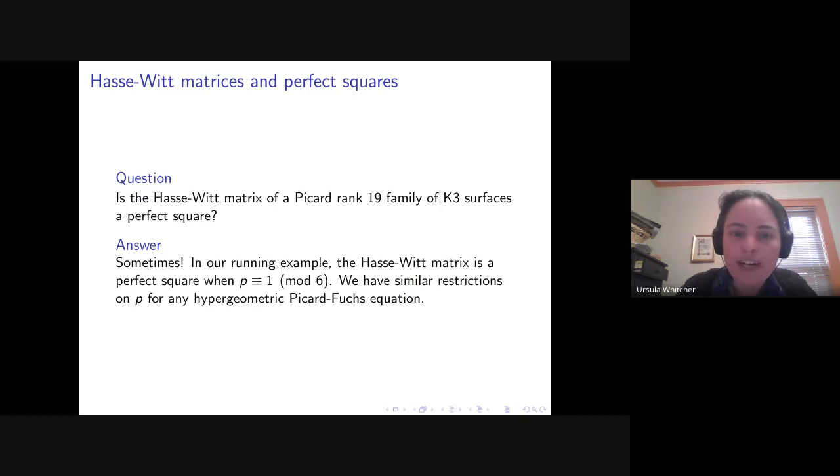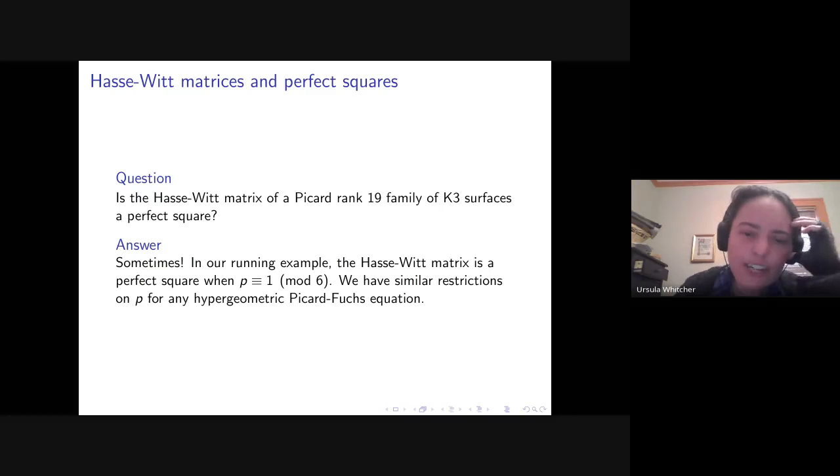It's a perfect square sometimes. In this particular example, it's going to be exactly a perfect square, or if you prefer, a quadratic residue, when the prime is equivalent to 1 mod 6. And we have similar restrictions for any hypergeometric Picard Fuchs equation obtained in this way.